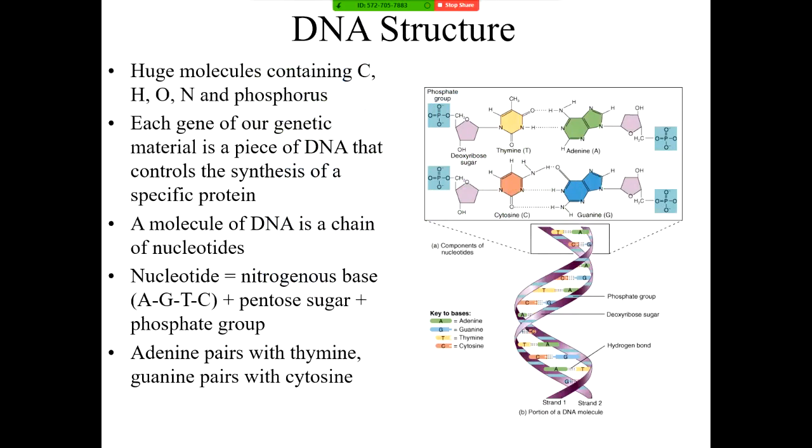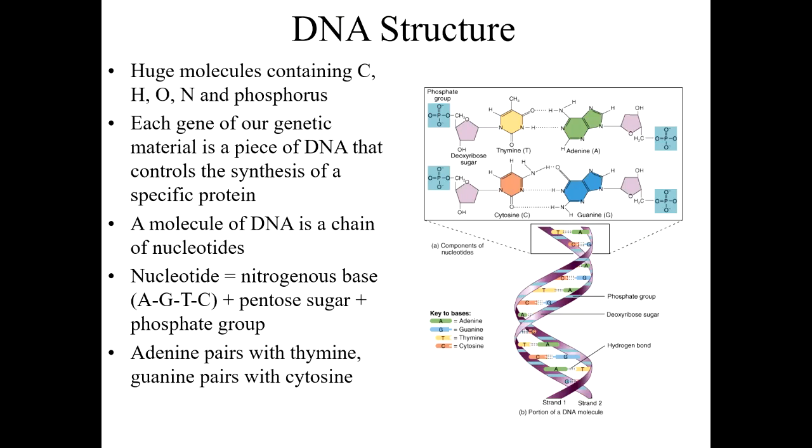Just going to go through DNA structure and RNA structure briefly. We kind of talked about it in class. Huge molecules, they're going to be larger, so they're going to be the second tertiary level. They will contain carbon, hydrogen, oxygen, and nitrogen, and usually have a phosphorus as a backbone. Each gene in our body has genetic material that is the pieces of our DNA, and it controls the synthesis of protein.